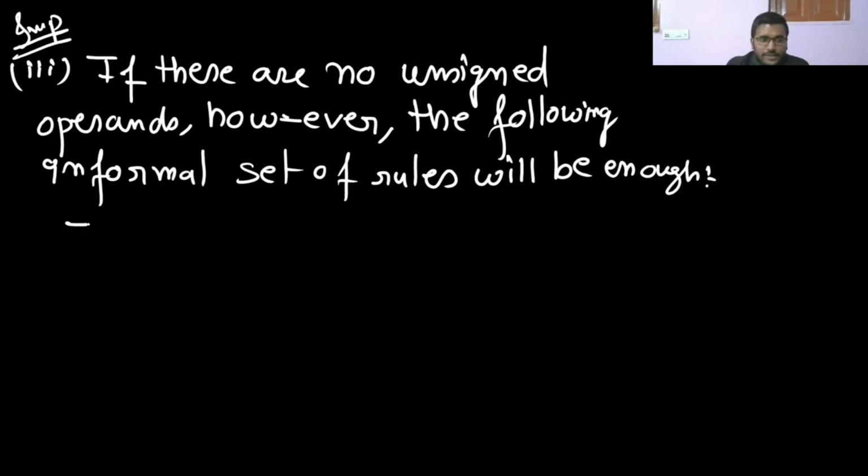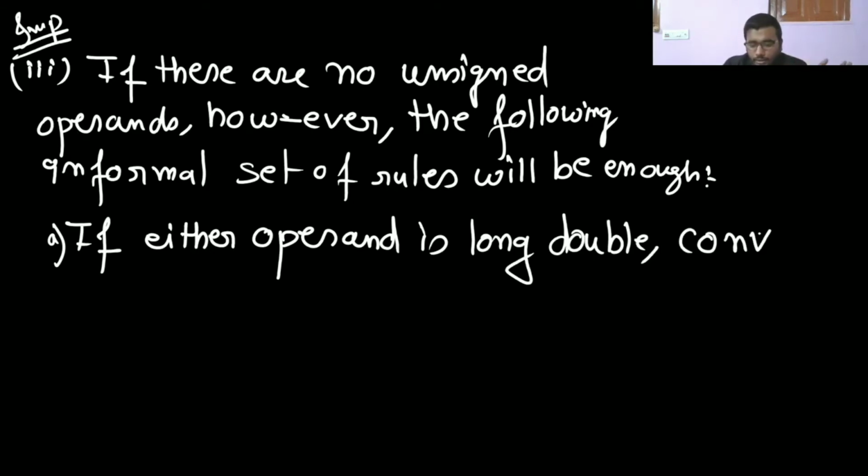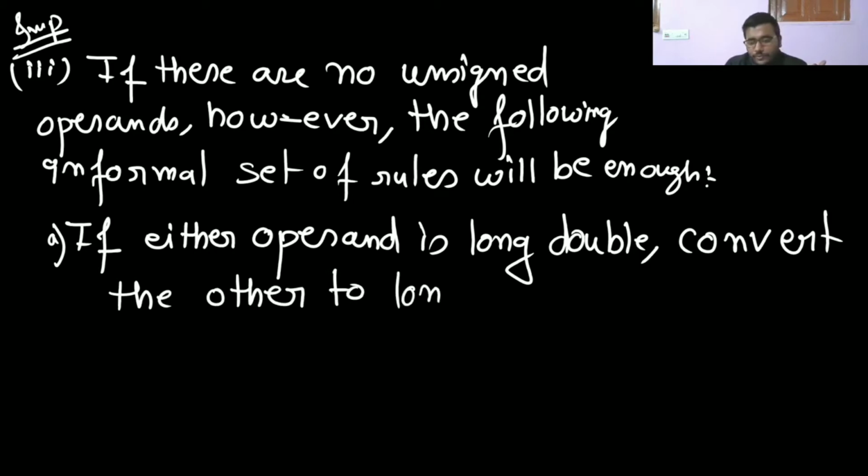The first one is rule 1: if either operand is long double, then convert the other to long double.